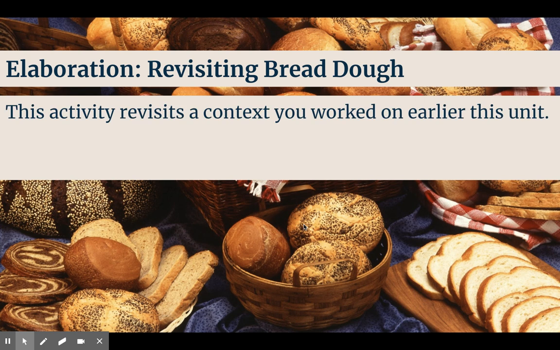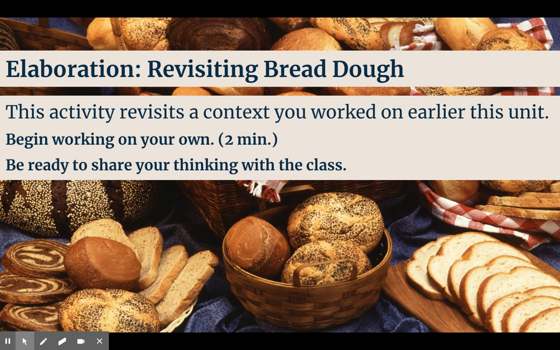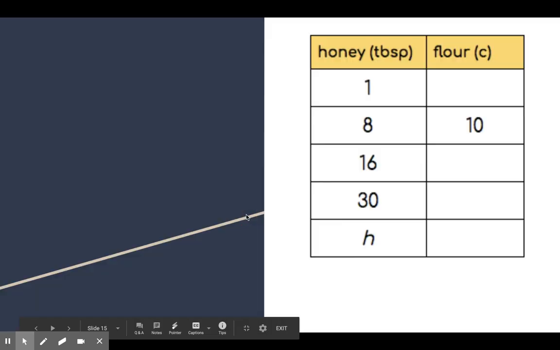It revisits the context you worked on earlier in this unit, and we're going to spend about 2 minutes doing this on your own, and then we'll reconnect. Be ready to share your thinking with your classmates. So we're going to pause the video here for about 2 minutes to work on this last elaboration activity on your own. Now let's keep moving.